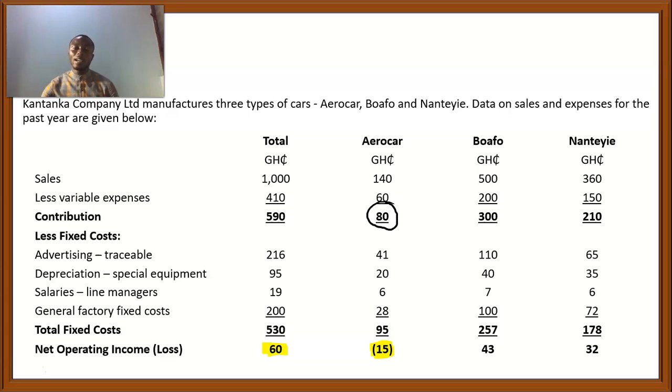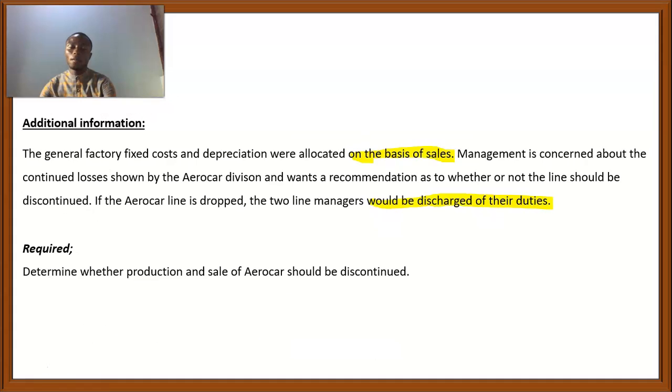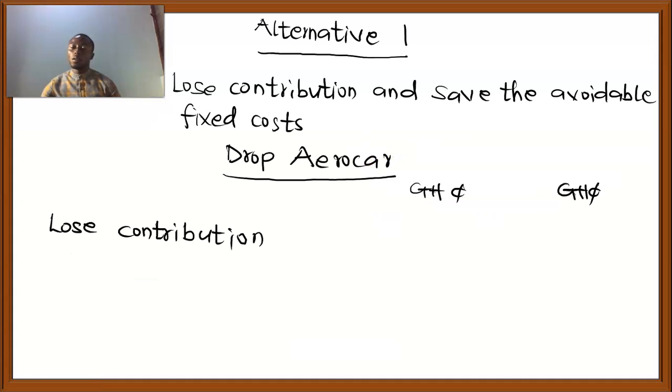So if Kantanka Company Limited decides to drop Eroka, or decides to discontinue this particular line of business, it is going to lose the contribution of 80 Ghana cedis. So we will represent it as a negative figure because it is a loss. Then you less avoidable fixed cost.